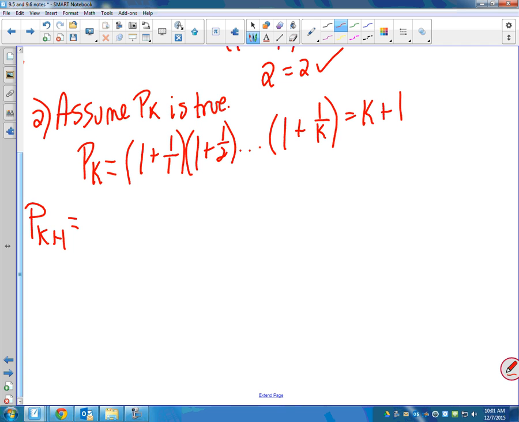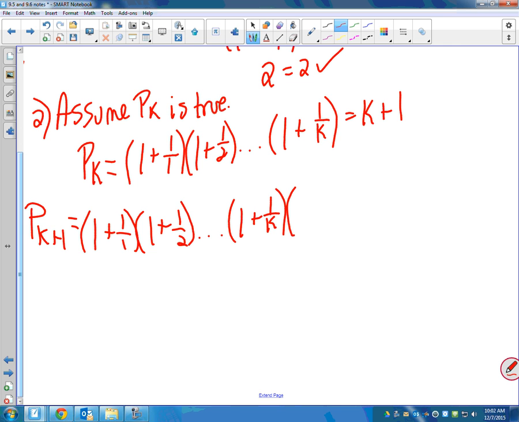I'm going to add up this whole other term, not add, multiply this time. 1 plus 1 over 1 times 1 plus 1 over 2, dot, dot, dot, 1 plus 1 over k. Right, so I'm doing the k one, but no addition sign this time. Multiply by the next term. So don't forget that one.